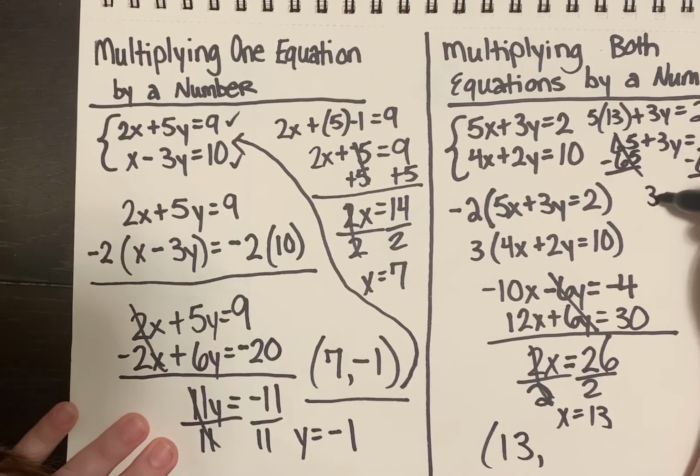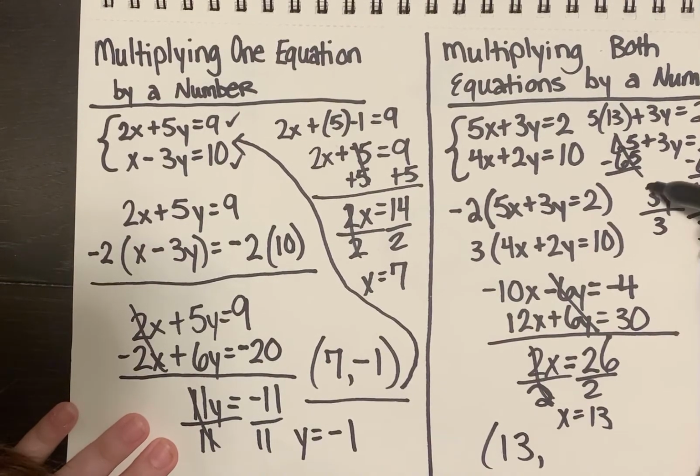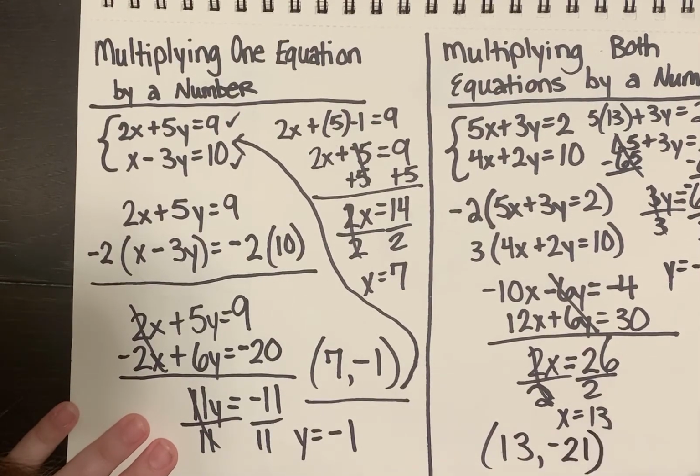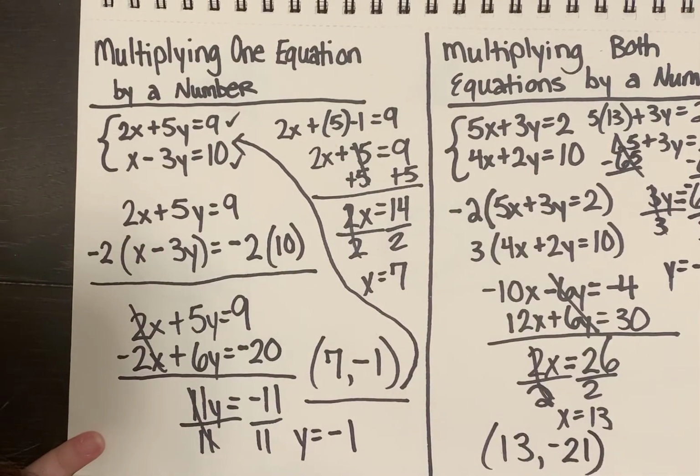I get 3y equals negative 63. So that's y equals negative 21. Now, for sake of time, I'm not going to go back in and plug these numbers in, but feel free to do that to make sure that you see that, yes, it is in fact a solution to the system of equations.